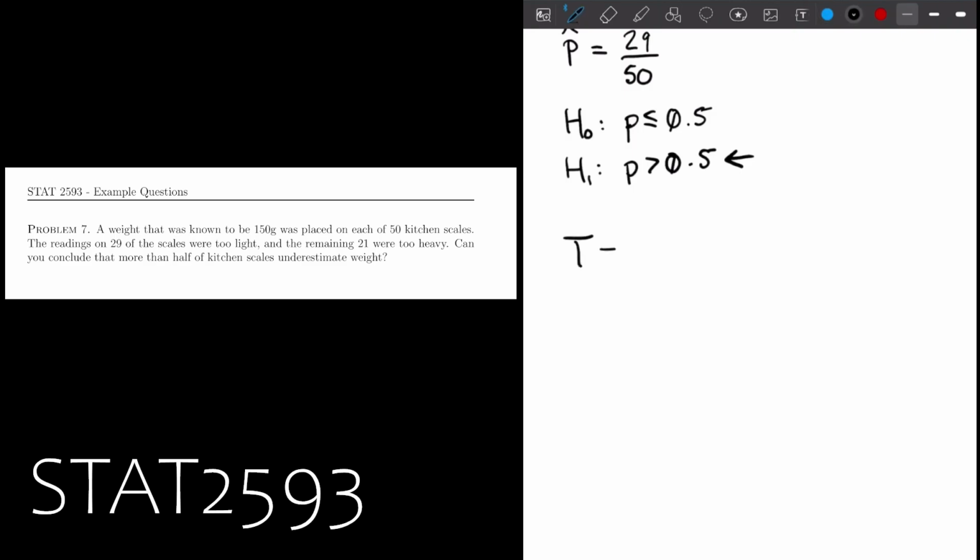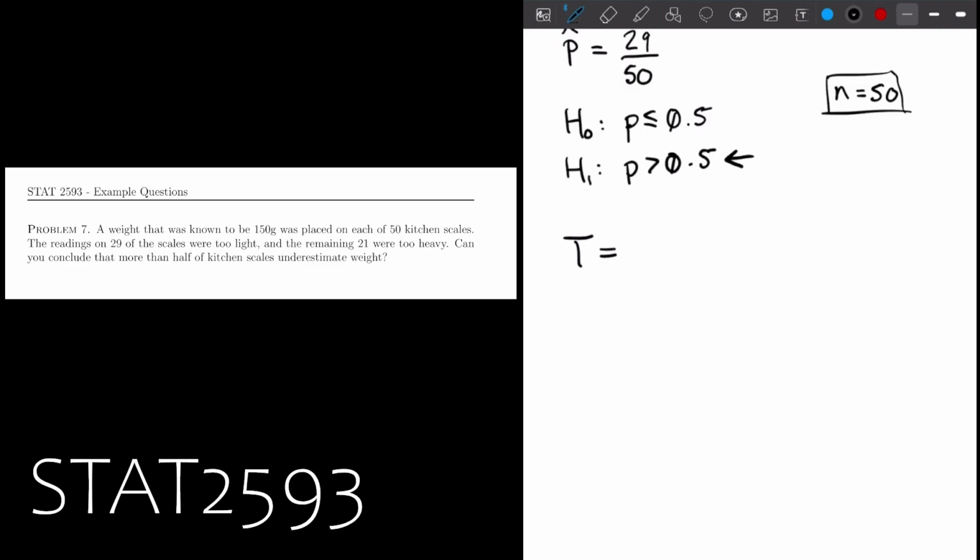Now, we're in a situation here where we can think about our test statistic, right? And our test statistic for the binomial population is going to be very similar to the one that we're using in the normal population, right? And that's because we can say that the binomial is going to be approximately distributed as though it's normally distributed, right? And so here the question is, is n equals 50 sort of enough in our samples for this approximation?